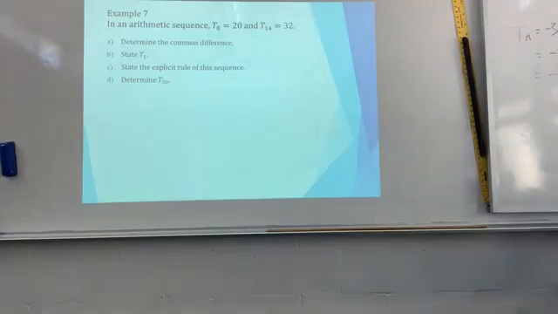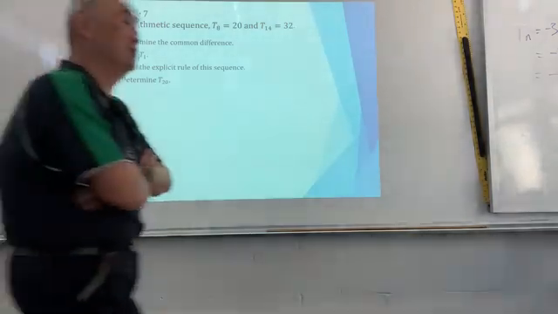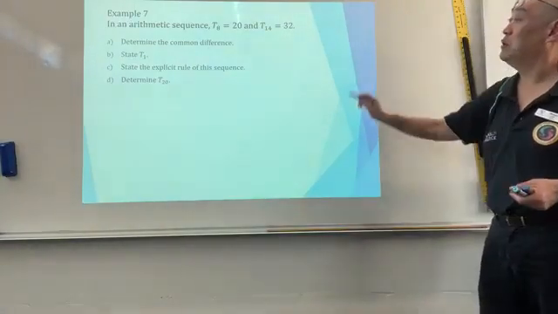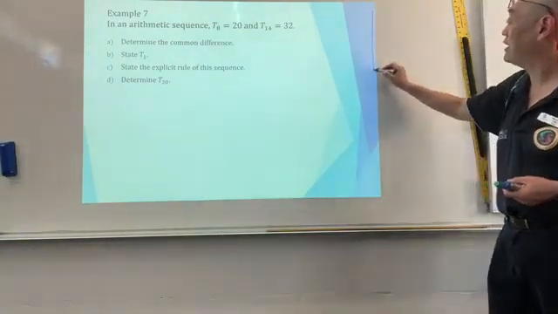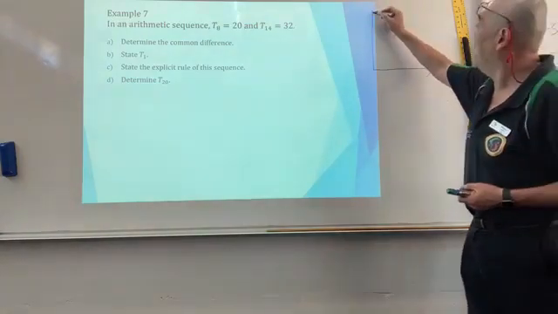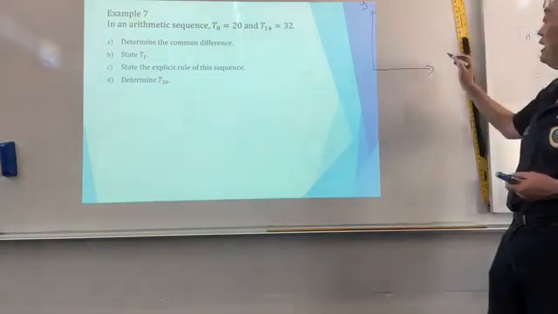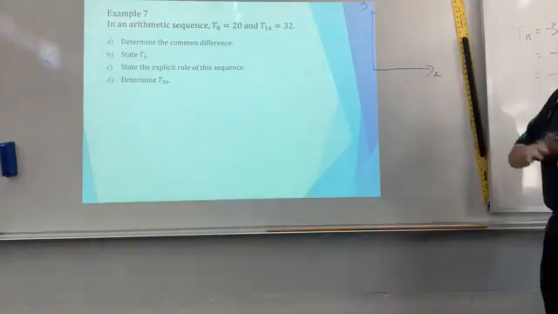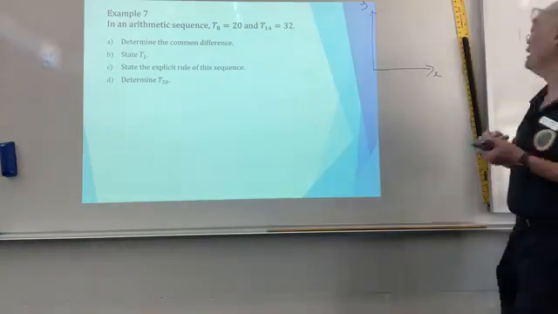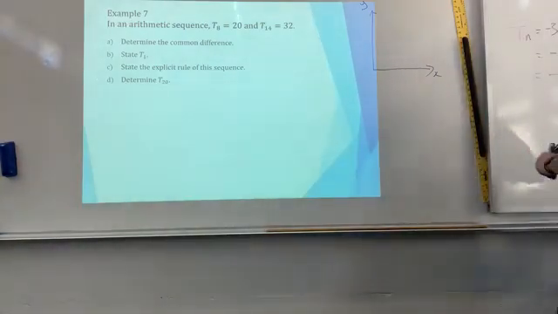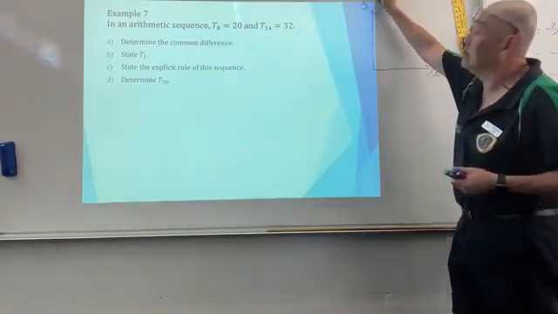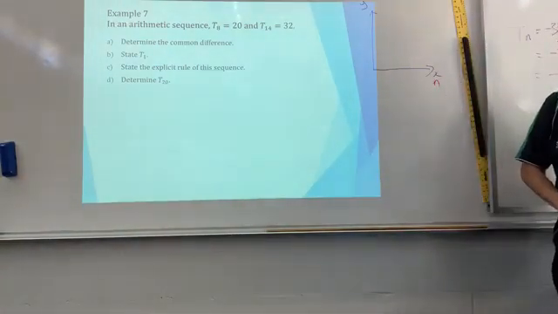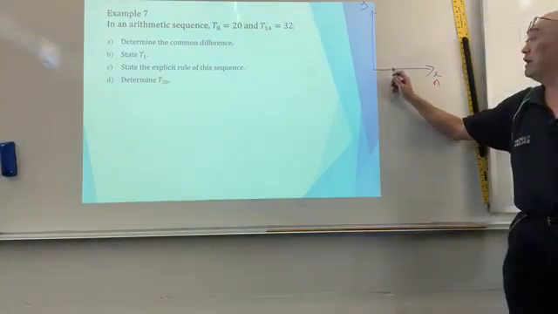What I'm going to do is get you to think about this in terms of a linear equation. In terms of a linear equation, y equals mx plus c, this axis is y, this axis is x. Now in our sequence, instead of y we have Tn, and instead of x we have n.